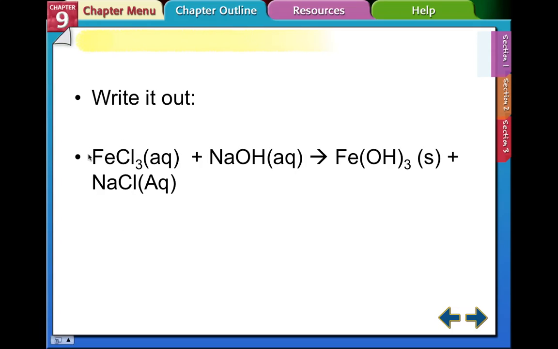So you have 1 iron on this side, 1 iron on this side. You have 3 chlorines on the reactant side, and you have 1 chlorine on the product side. So that's going to need attention. We're going to need to work on that. Another thing you need to look at: these are each individual elements, and that's what you need to look at, not the polyatomic, but each individual element.